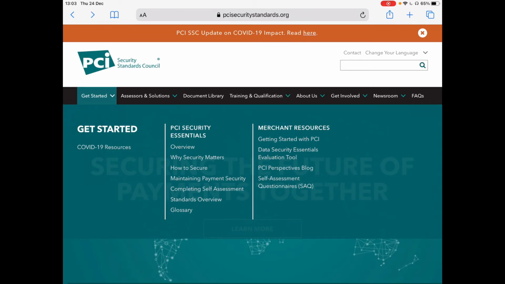So, if you are a new merchant who wants to provide the capability of, say, online transaction handling or point of swipe transaction handling to your customers, then you would need to follow the guidelines that are laid down by the Security Council. This section that says merchant resources on the right hand side talks about all of those guidelines. There is also a self-assessment questionnaire that's given at the bottom.